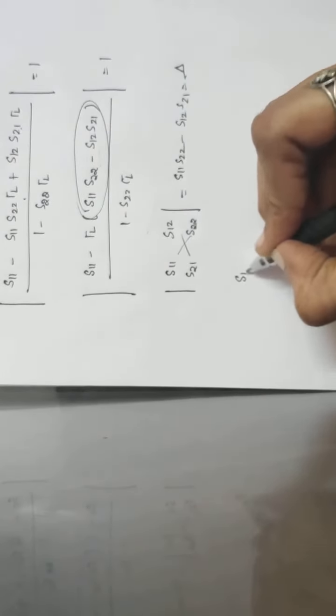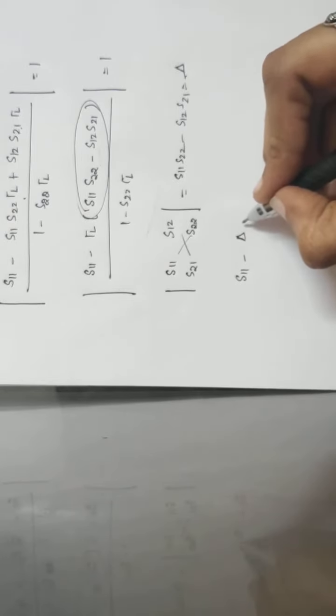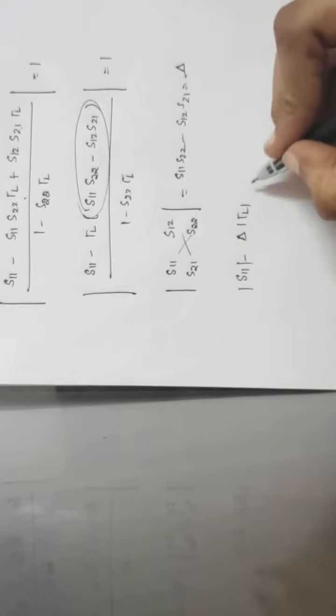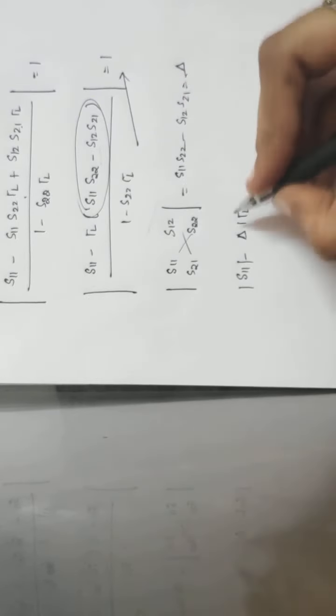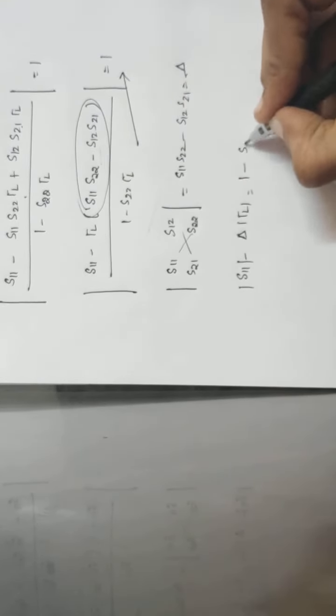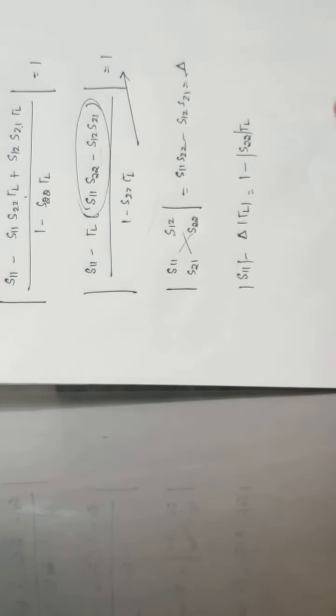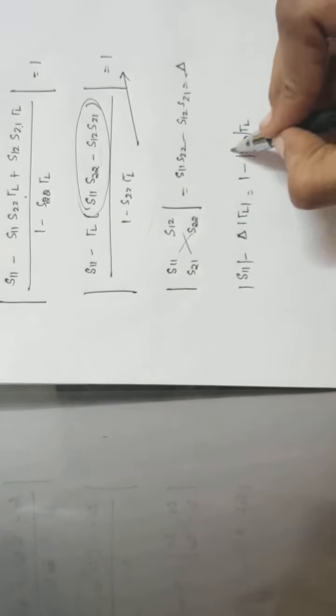So this becomes the modulus of (S11 minus Δ ΓL). We have a modulus for all the terms. I'll take the denominator to the other side, so this is equal to the modulus of (1 minus S22 ΓL). Now we'll bring all the ΓL terms to one side and the remaining terms to the other side.